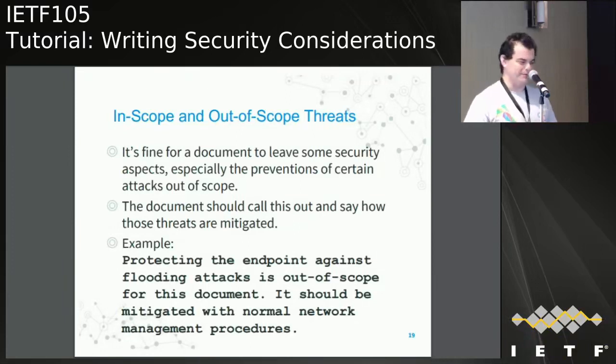All that goes out the window once you run over TCP because then everything changes. So if I'm making an IKE over TCP document, yes, I should call out that everything we usually do with UDP goes out the window, and this should be handled like any other TCP service. So if we change this for IKE, yeah, then we should call it out. Otherwise, no, if you're just making something over TCP.